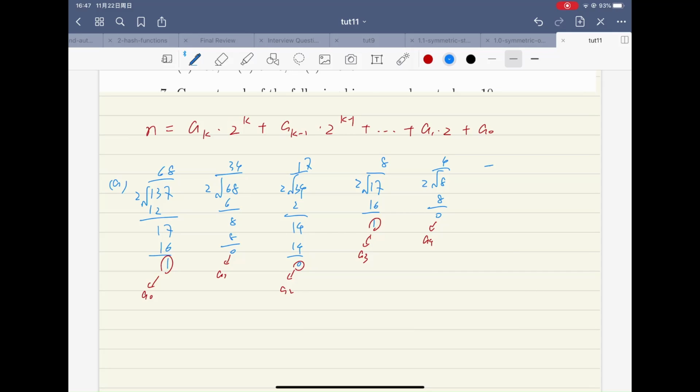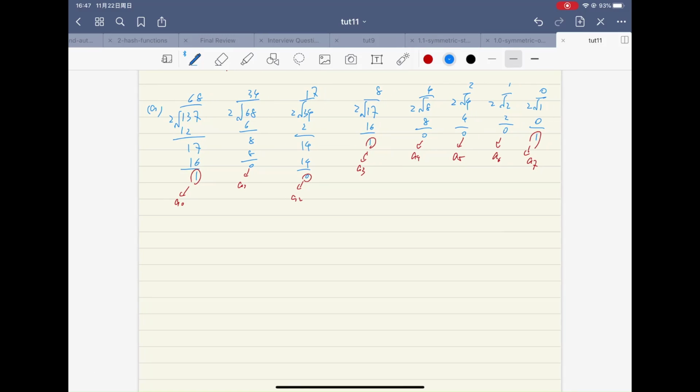We got 4 divided by 2, 2, remainder 0, a5. 2 divided by 2, 1, remainder 0. That's the a6. And we have 1 divided by 2, 0, remainder 1. That's the a7.